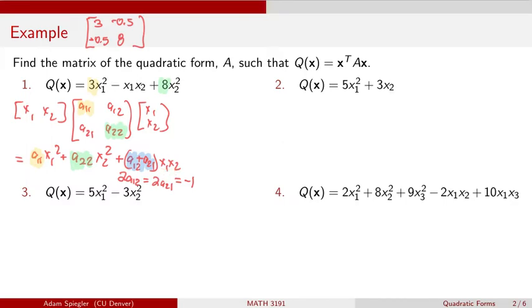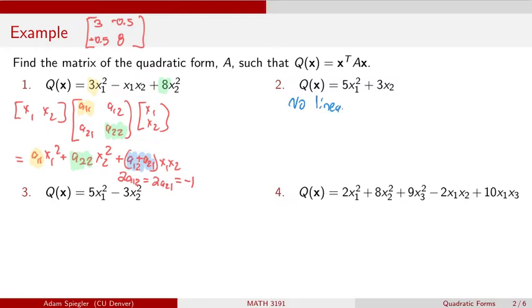All right, let's take a look at the next question, which gives us a function q of x, where x is a vector in R2, equal to 5x1 squared plus 3x2. Here we have a quadratic term for x1. Notice the term 3x2, where x2 occurs to the first power. When we have a quadratic form, we cannot have any linear terms.